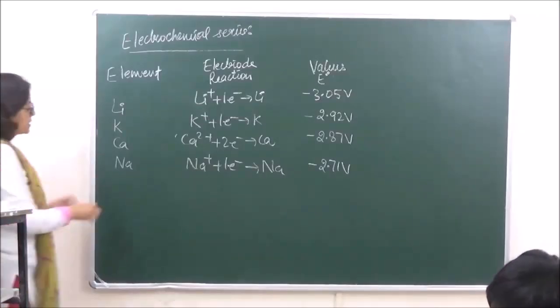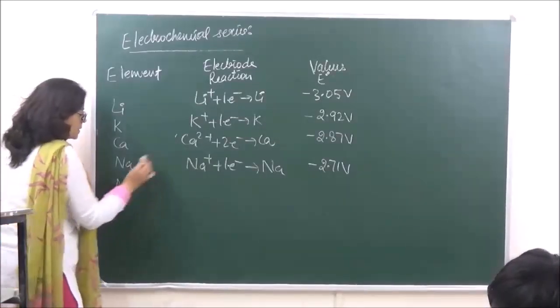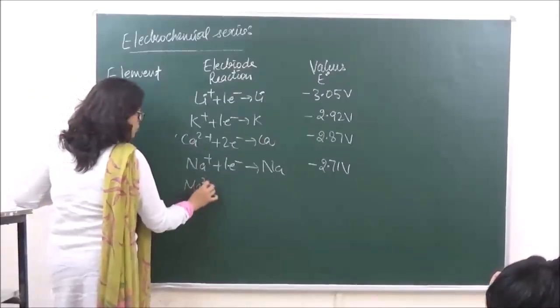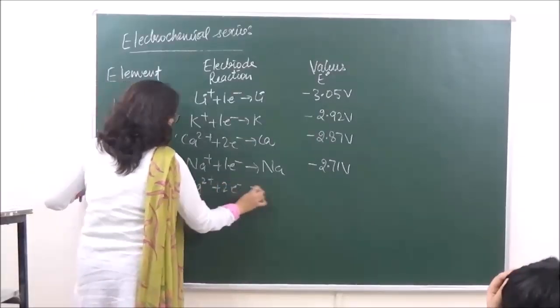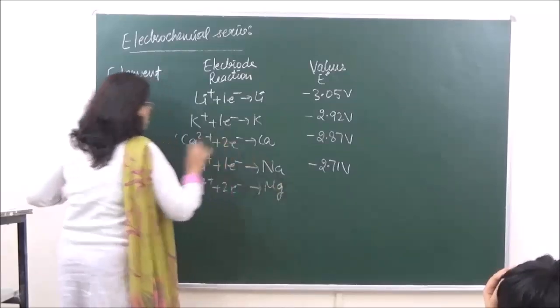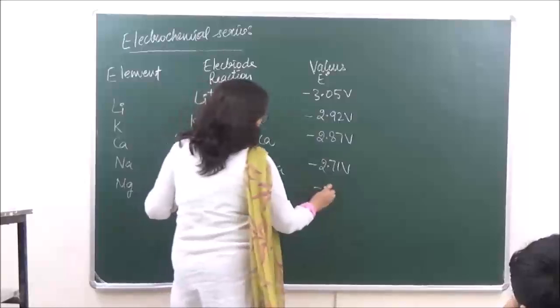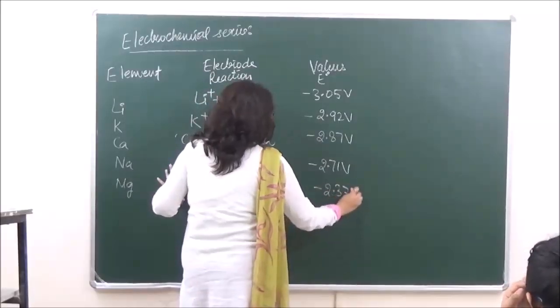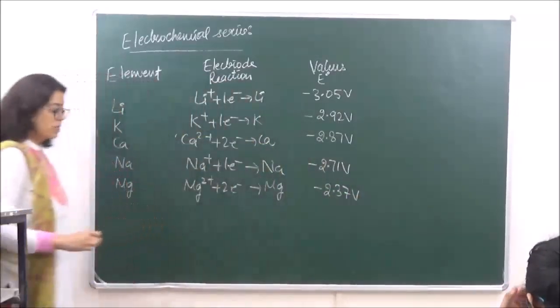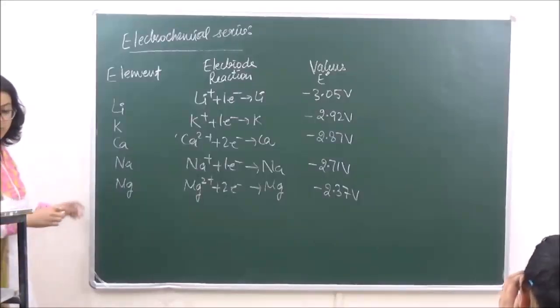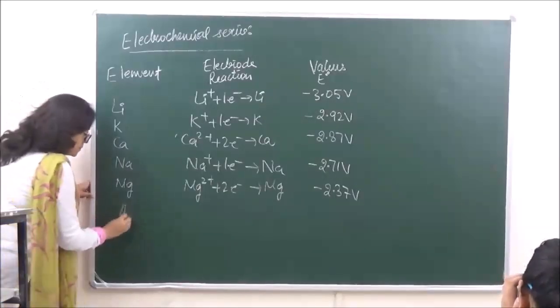After sodium is magnesium: Mg2+ plus 2 electrons to give us magnesium, and the value is minus 2.37 volts.